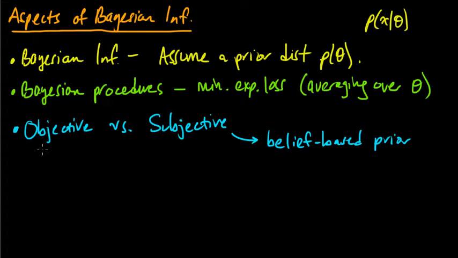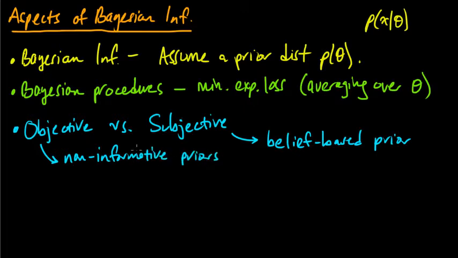On the other hand, objective Bayesians say, we want to be able to agree on what is the right prior. In the subjective approach, different people could just choose different priors, and you have no way of determining which is the right one. So objective Bayesians have a solution to this, which is what they call non-informative priors.